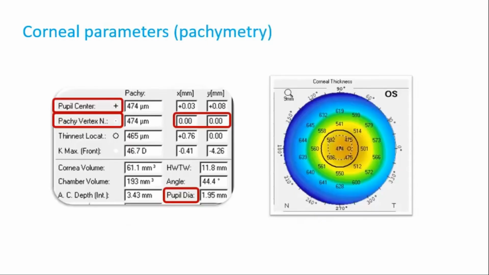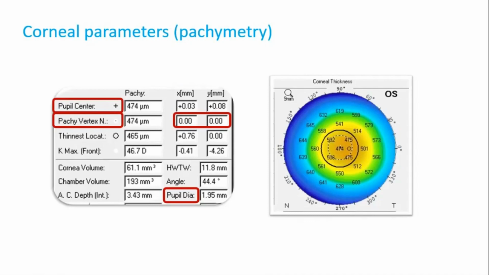Next thing we have to look at, which is important to determine the misalignment, is the pupil center and the pachymetry vertex. When we see that the pachymetry vertex is 0, it indicates that the alignment is good.